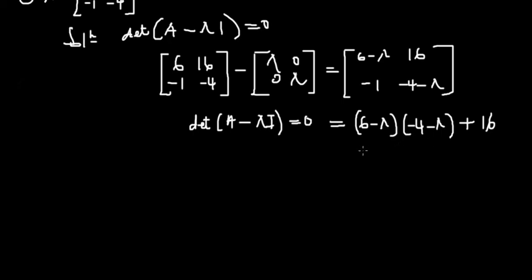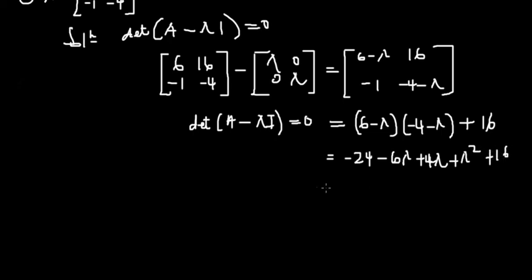So let's expand this. From here we have 6 multiplying minus 4 is minus 24, and then 6 multiplying minus the eigenvalue, that's minus 6 eigenvalue, and then minus eigenvalue multiplying minus 4, that's positive 4 with the eigenvalue, and then minus eigenvalue times minus eigenvalue, that's positive eigenvalue squared, and then plus 16.